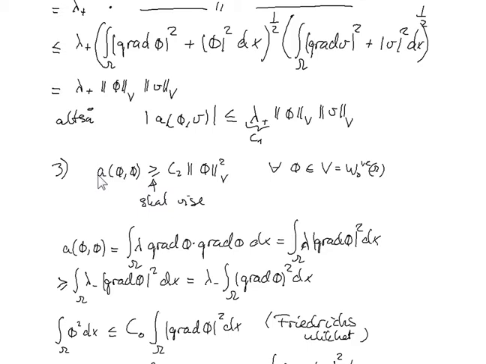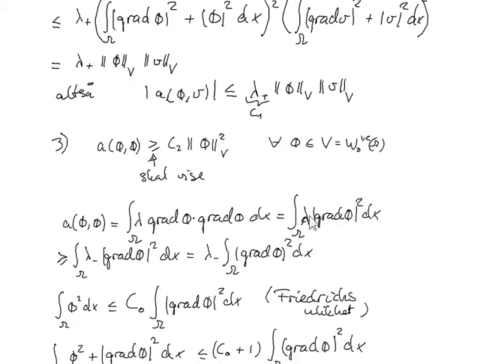Okay, then we just do as we did for the second property. We write out the left side of this inequality, and we know that it's this integral by the definition of a, and grad phi multiplied with grad phi is just the absolute value of grad phi square.